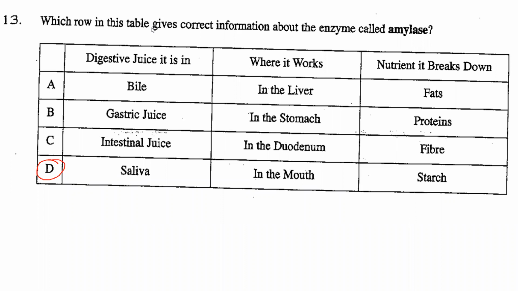Saliva, which works inside the mouth, and the nutrients break down in the starch. So amylase is an enzyme. Say that amylase is an enzyme. Where does it work? In the mouth. And what digestive juice is it found in and what nutrient does it break down? The saliva and the breakdown of the starch. Very good.